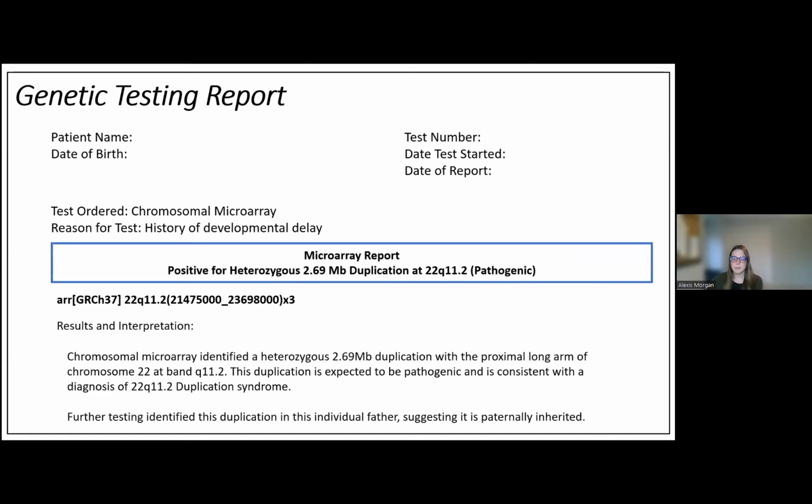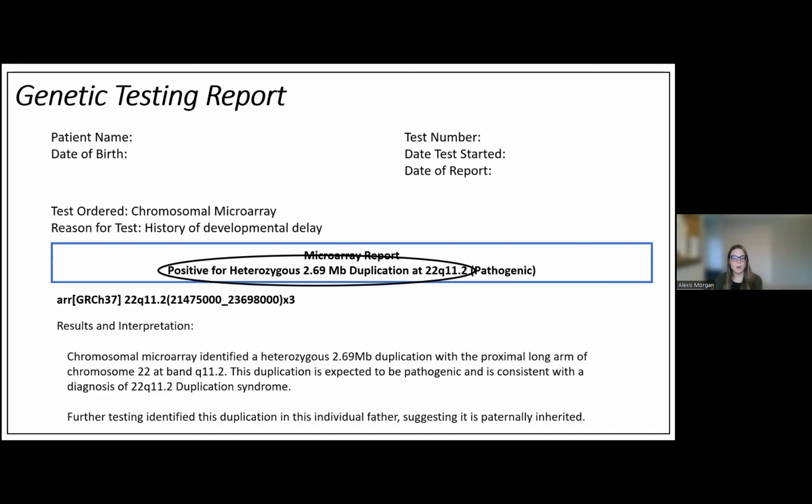So this example microarray report is meant to look similar to many microarray reports you may see, and we're going to review what each part of this report means. So starting with the result itself, if there is a chromosome variant identified, the result may say positive or uncertain.